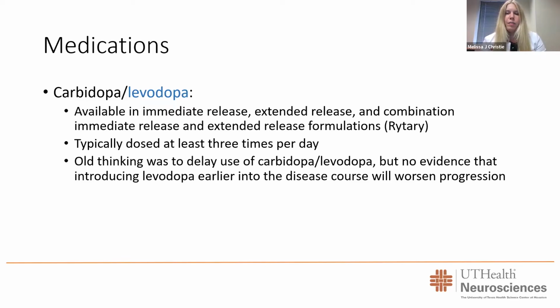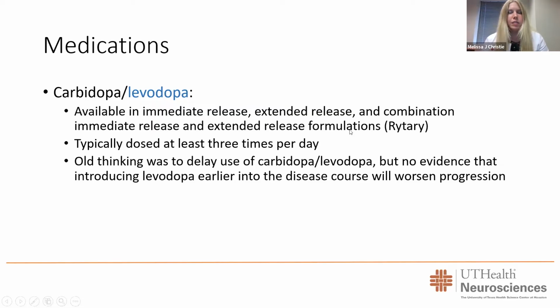But there's no evidence in more modern studies that you need to hold off on giving carbidopa levodopa. So if the symptoms are starting to get severe enough to affect quality of life, I will go right away to carbidopa levodopa, especially as I talk about some other medications. Some of the other medications in older patients can have a higher risk of causing significant side effects.